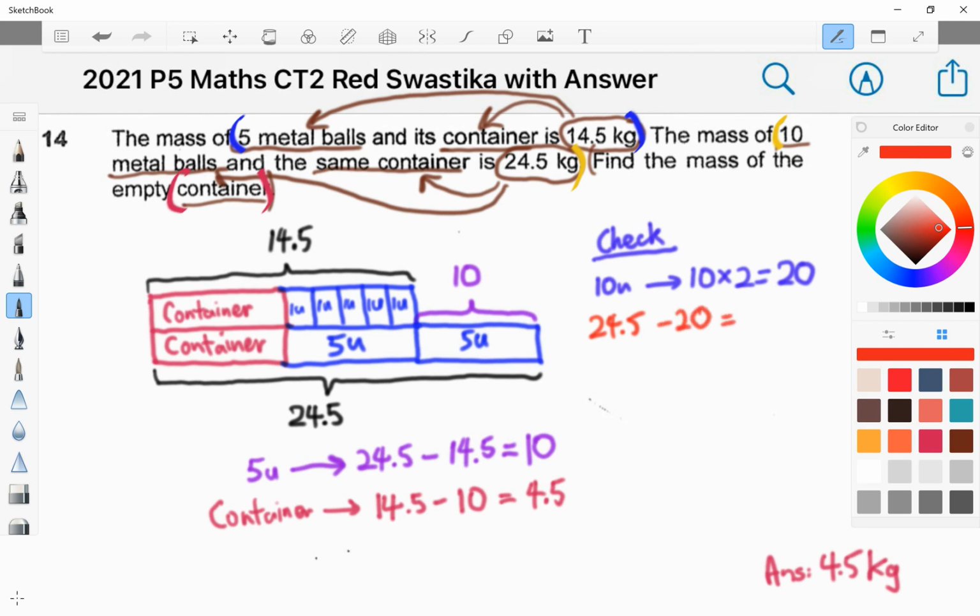So lo and behold, I have managed to obtain the same answer, 4.5. This is very important for me in the exam, because this is confirmation that my time spent on this question is well invested, and that will give me the confidence to do the next question.